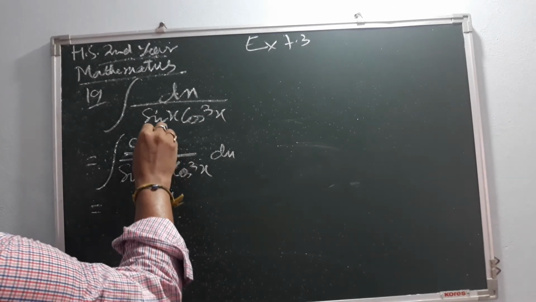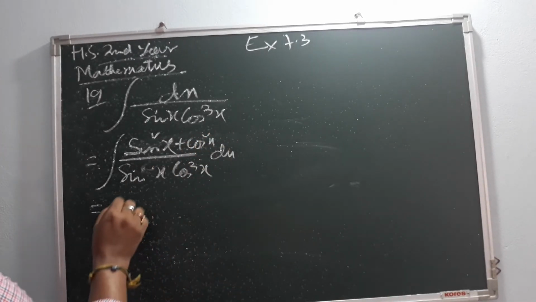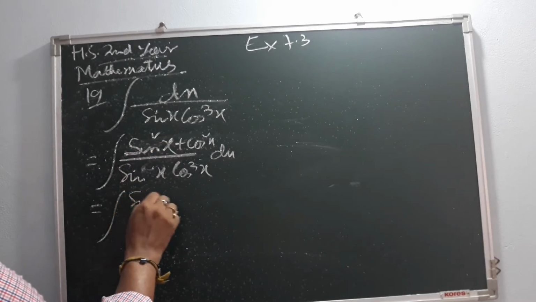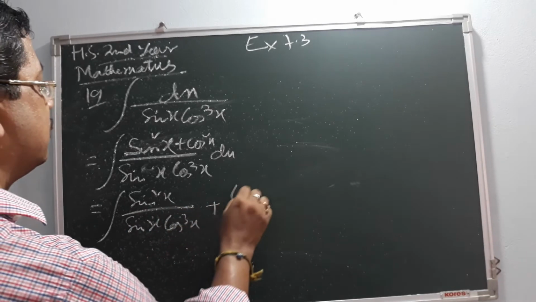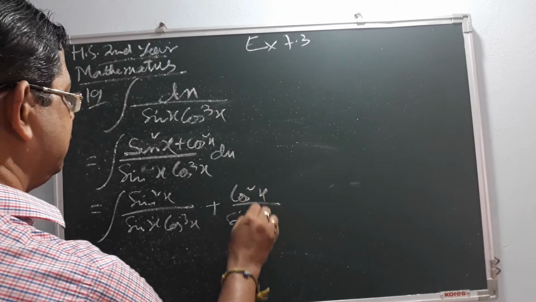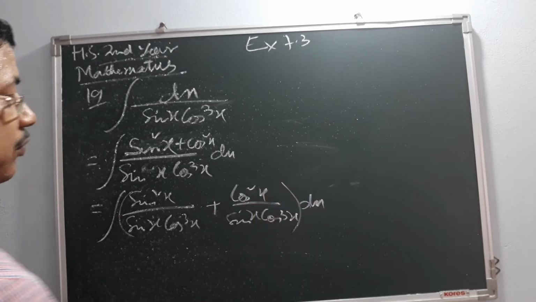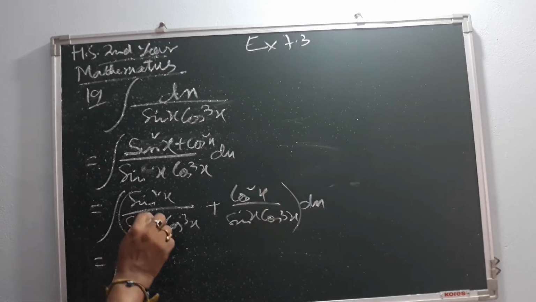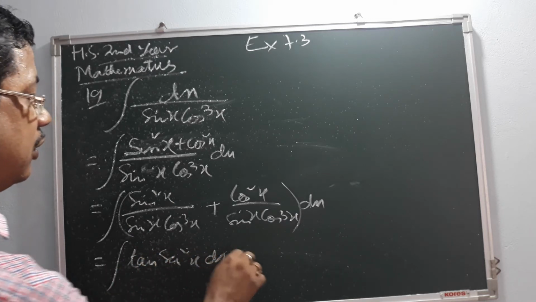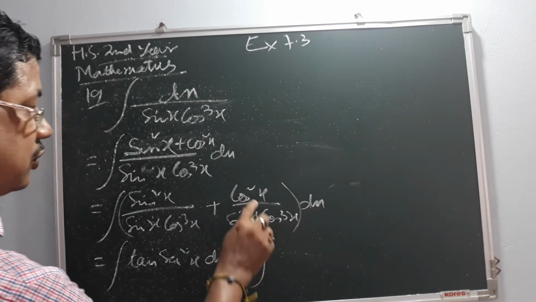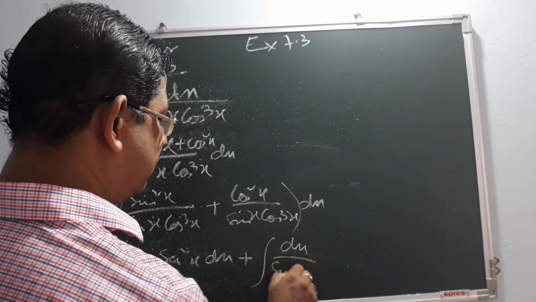Instead of doing this, if I write sin square x plus cos square x in the numerator and keep it as it is, don't divide this one, then the integral of sin square x by this, your mind should react whether we can do like that, plus cos square x over sin x cos cube x dx. Methods may be many, but we will follow what is convenient for us. So sin cancels, it will be the integral of sec square x by tan x, so it is easily done. Here cos square cancels and automatically we will find dx by sin x cos x.